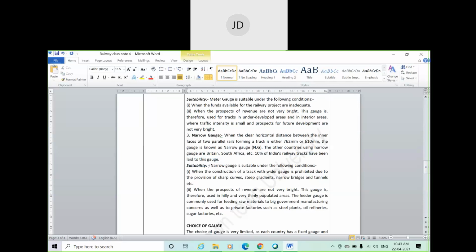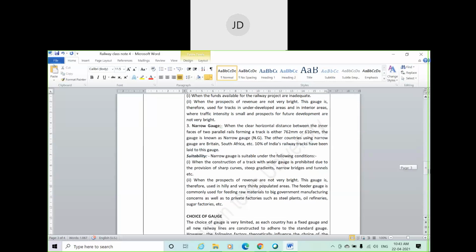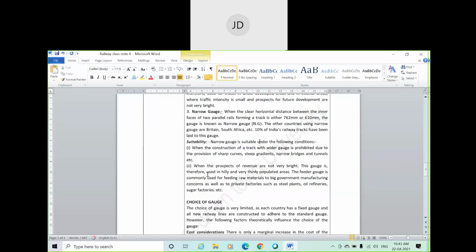Suitability of narrow gauge. The narrow gauge is suitable under the following conditions: when the construction of a track with wider gauge is prohibited due to some provision of sharp curve, steep gradient, and narrow bridge, a tunnel, etc. That means it depends on the natural conditions also.